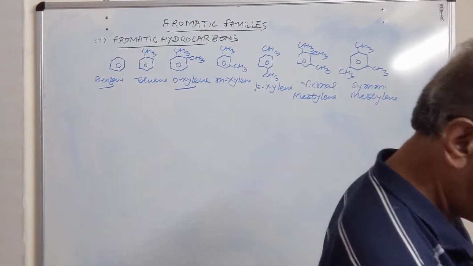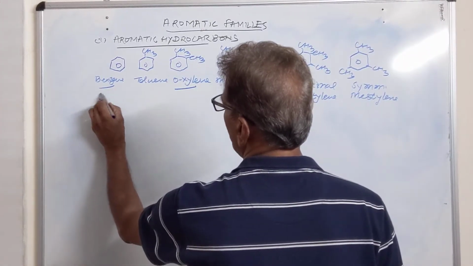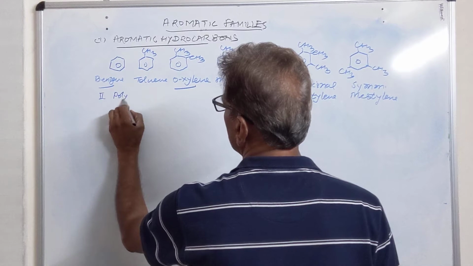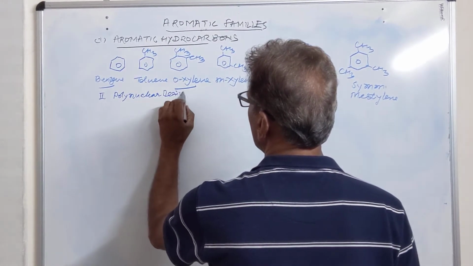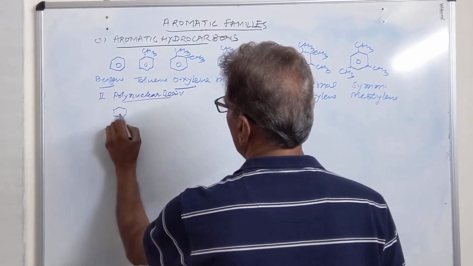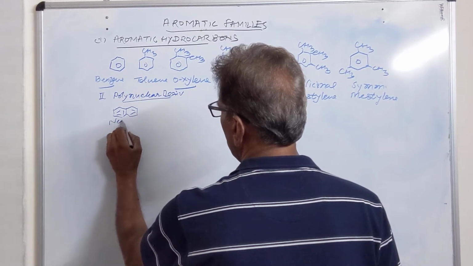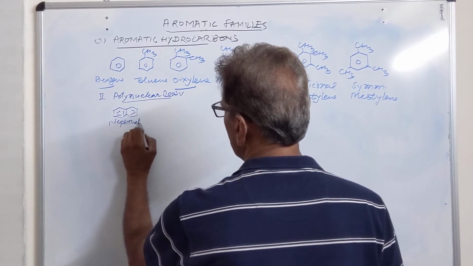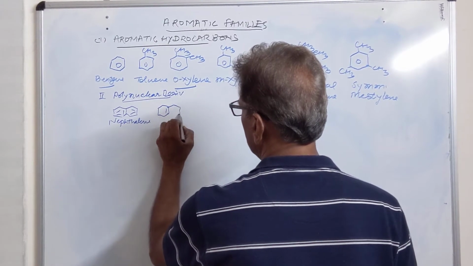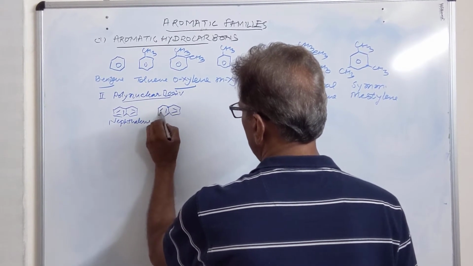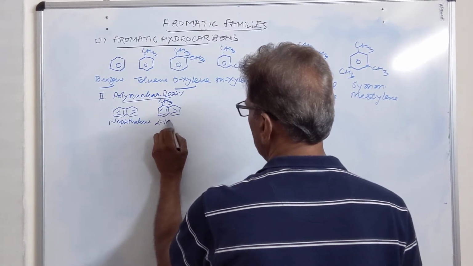Then we come to the polynuclear. Two benzene fused. This is called as naphthalene. This is alpha methyl naphthalene.